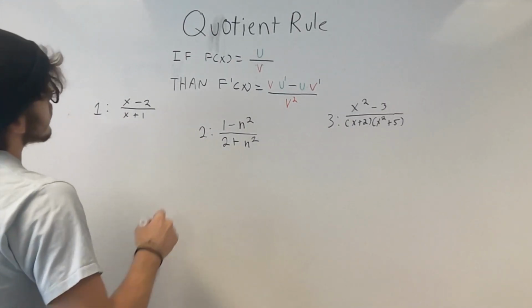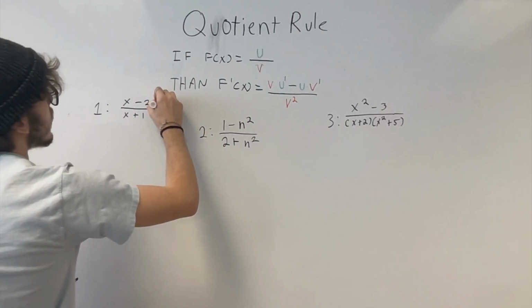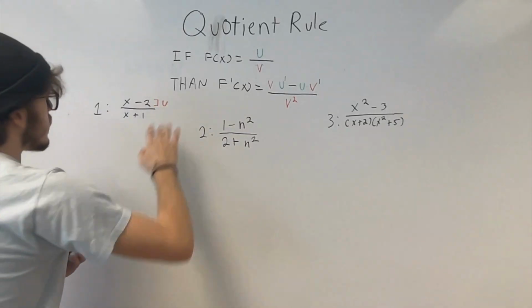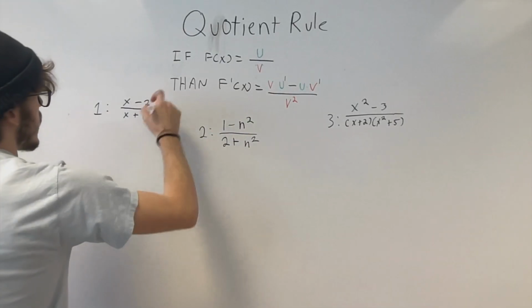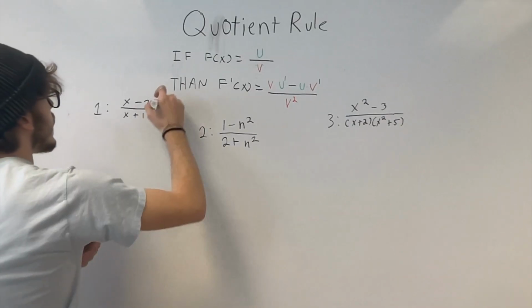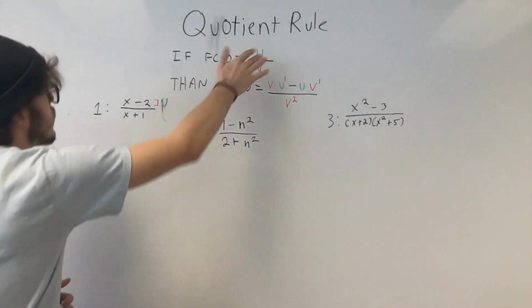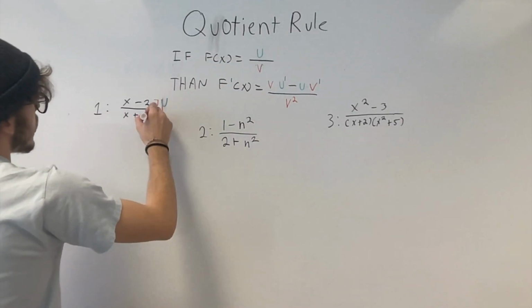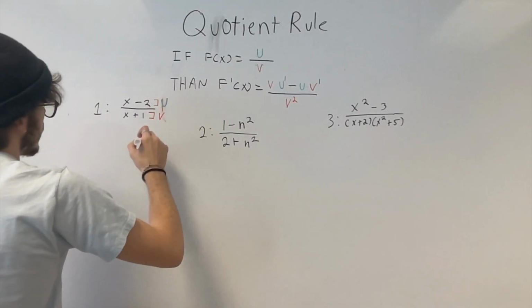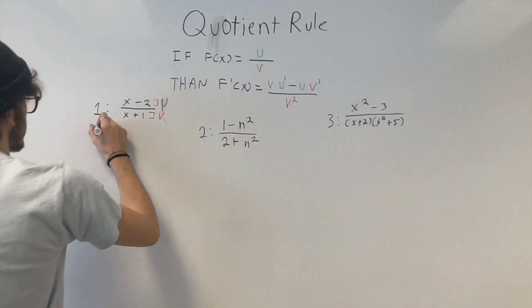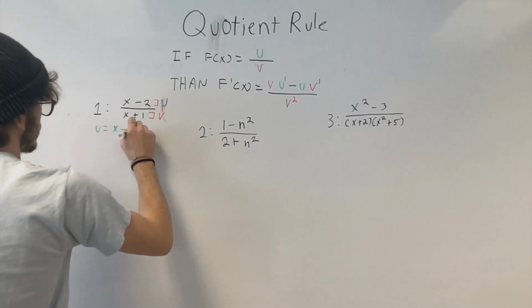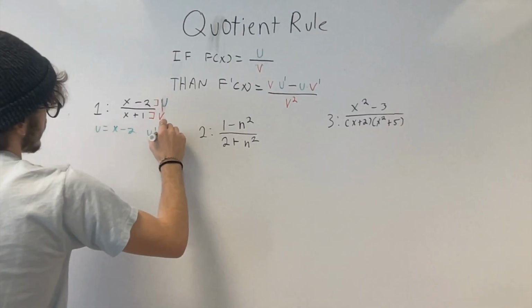So x minus 2, we'll call that u, right? It has to be u, and we'll actually stay with the same color scheme here. This is u, right? Because it's the top. The top is always u. That makes the bottom always v, right? So we say that u is equal to x minus 2, which makes u prime equal to 1, right?